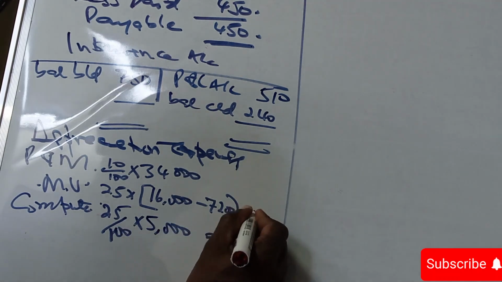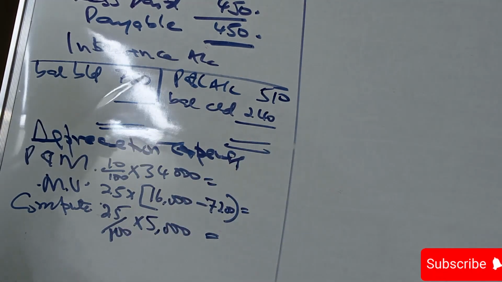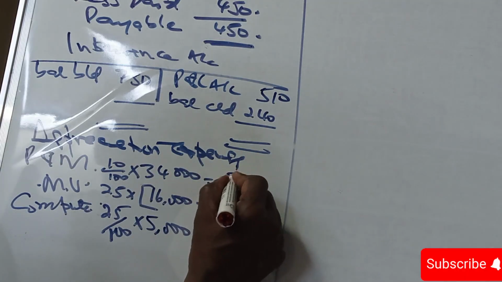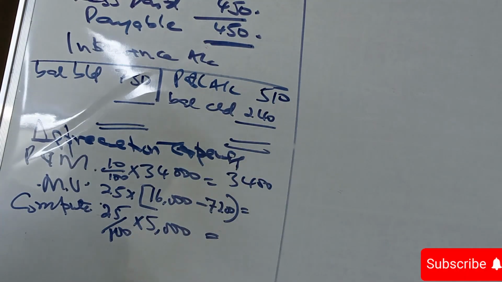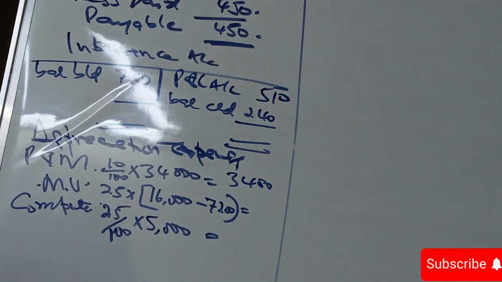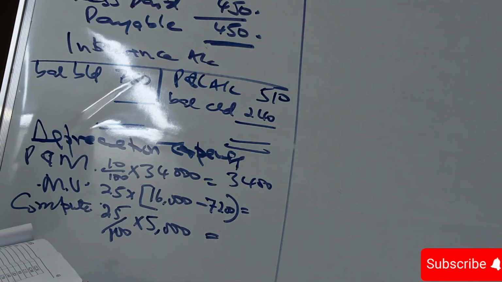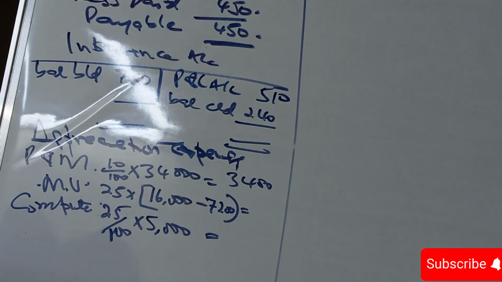So we get our figures. 34,000 times 10% is definitely 3,400. And for the others, 16,000 minus 7,200 times 0.25, we get a figure of 2,200.